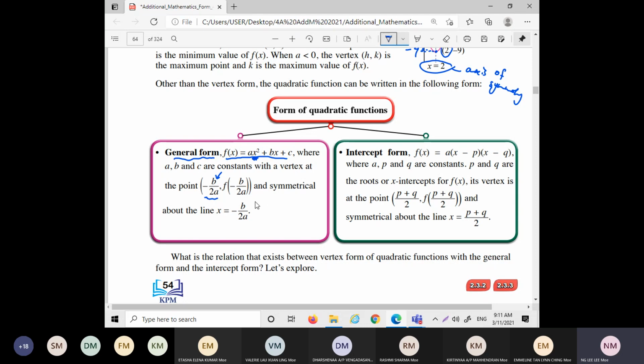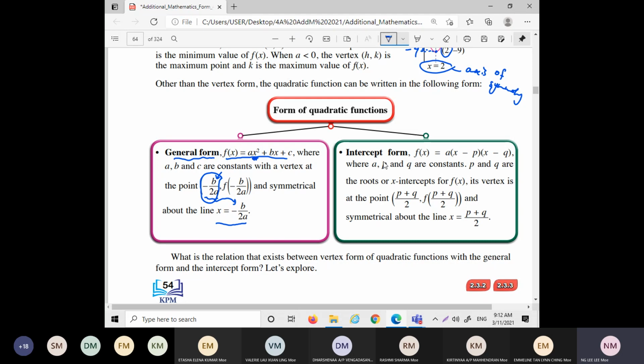Then the axis of symmetry is this. Same thing, you just need to know the x coordinate of your maximum or minimum point. If you don't want to change it into vertex form, you need to memorize this.